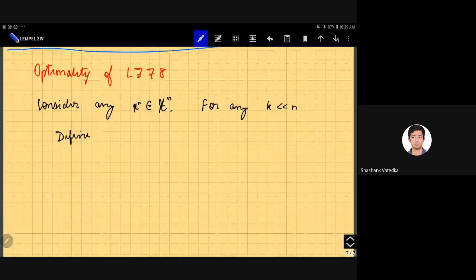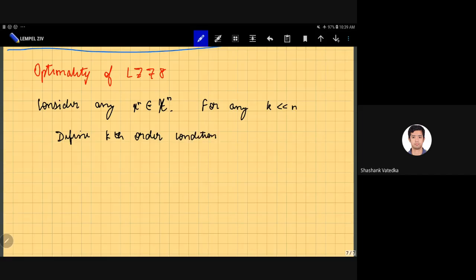So I define the kth order conditional empirical entropy in the following fashion.